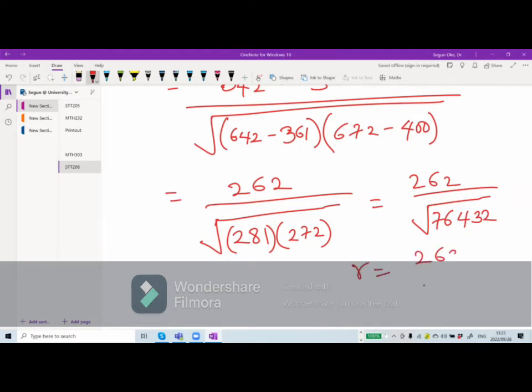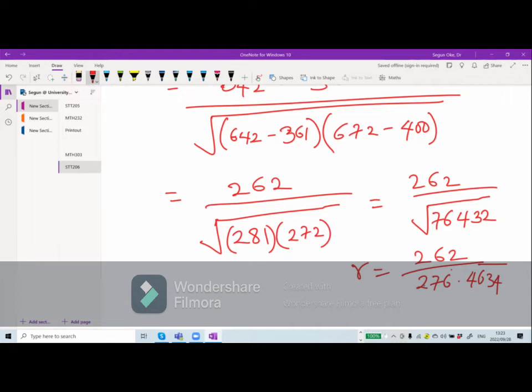Don't forget, we are still looking for R. The square root of this is 276.4633, approximately.